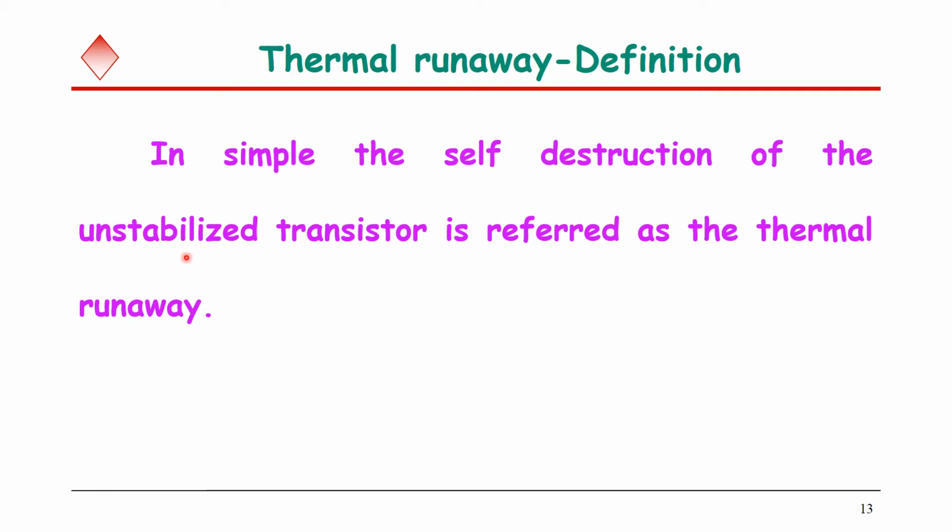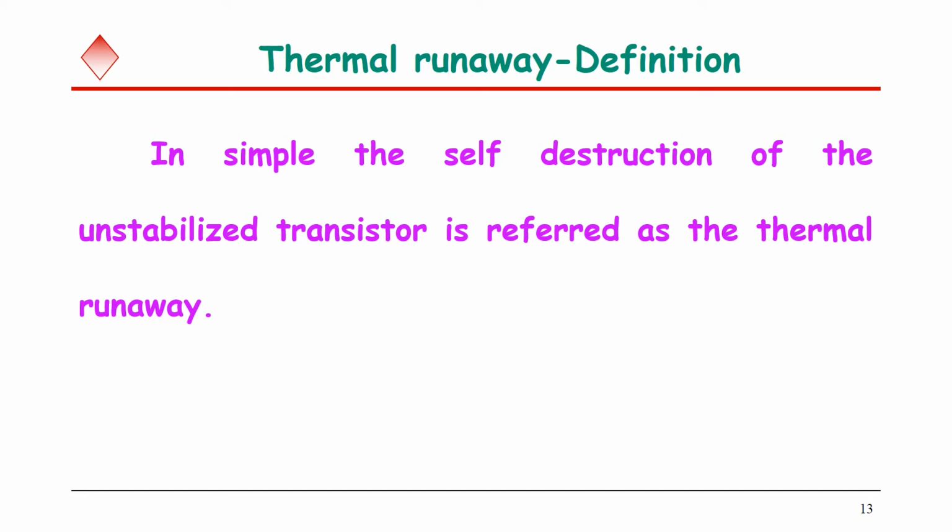Why is it referred to as unstabilized? For a stabilized transistor, there should not be any variation with respect to temperature. If a parameter varies with temperature or any other reason, then it is referred to as unstabilized. In simple terms, a stabilized transistor should have a fixed Q point.